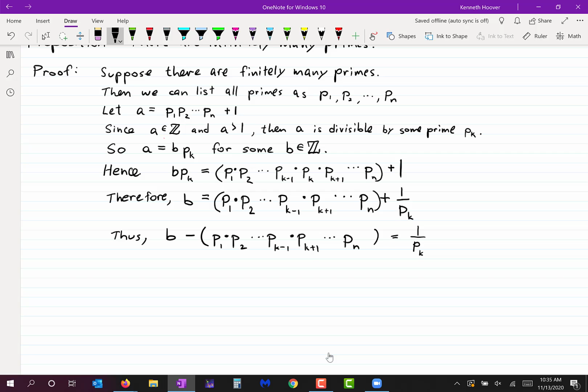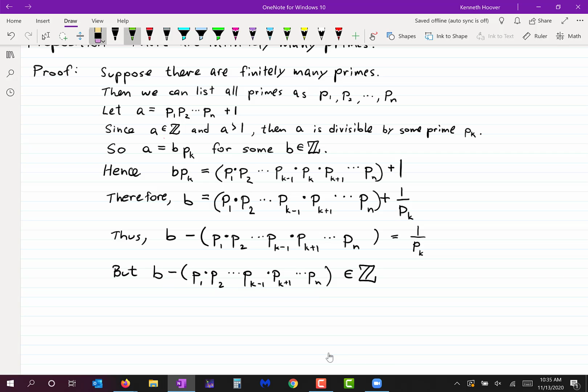And believe it or not, there's our contradiction. Because the left-hand side is what kind of number? It's an integer. An integer minus a product of integers is an integer.